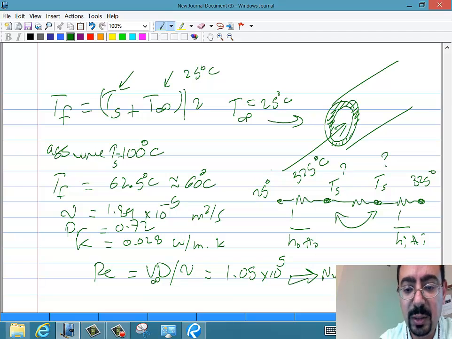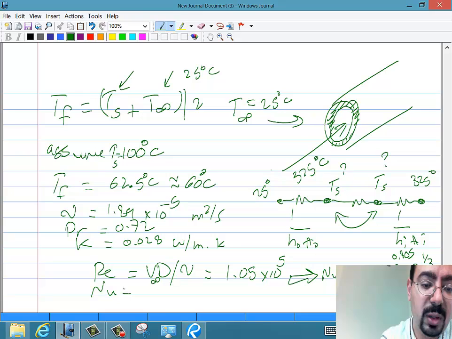So Nusselt is 0.027 Reynolds 0.805 Prandtl 1/3. So we know the Prandtl, we know the Reynolds, so the Nusselt number is 266.6, which is of course H out, D out over K.